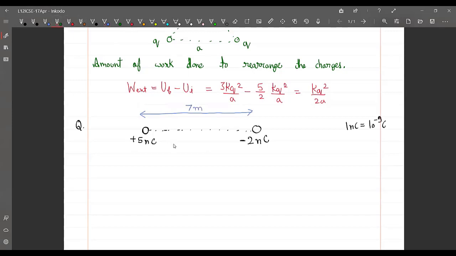Then find the point at which potential is 0.